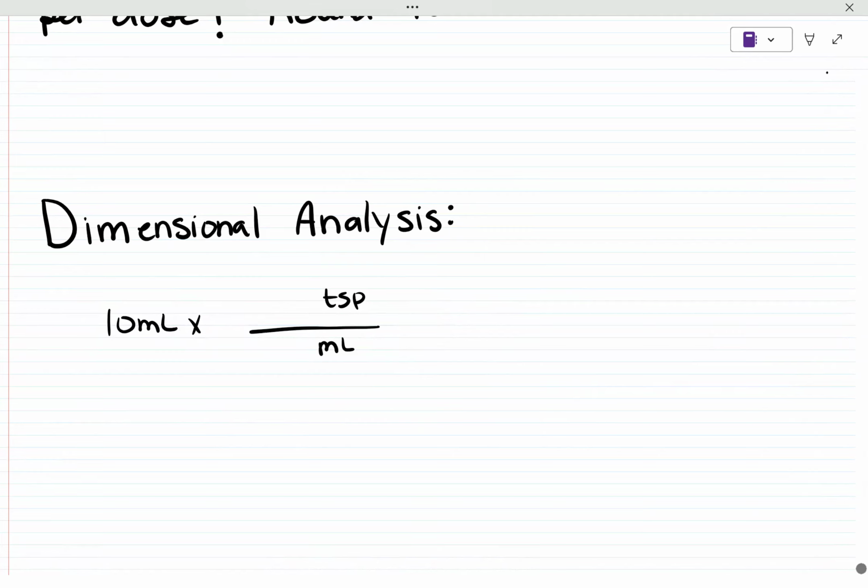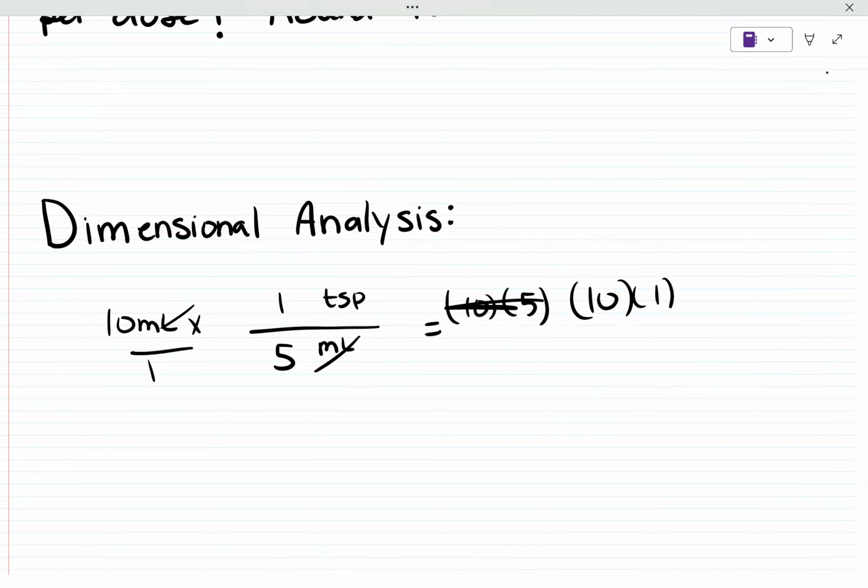According to the chart, 1 teaspoon is 5 milliliters. The milliliters disappear, and it's 10 times 1 over 5, which is going to be 2 teaspoons.